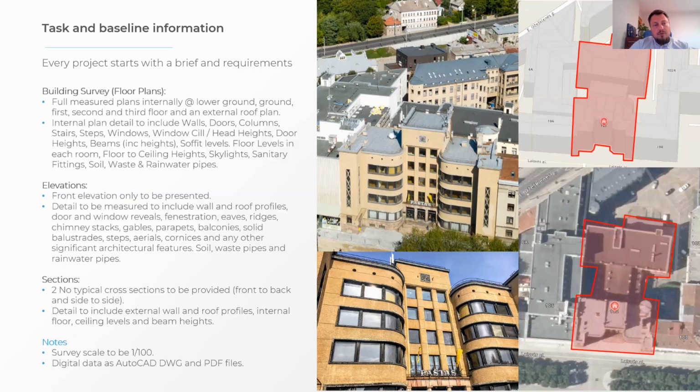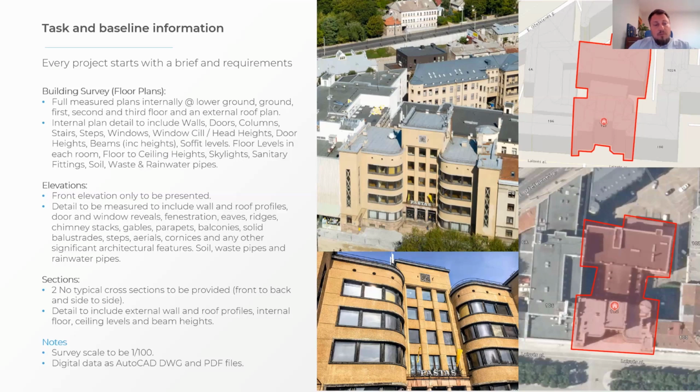In this task, next to the building surveys, there's a floor plans requirement listing all the objects which we need to vectorize, what type of levels, and annotation we should apply to the drawing. The same with elevations: we need to have a scheme or just write what type of elevations we should provide. And the same with the sections.